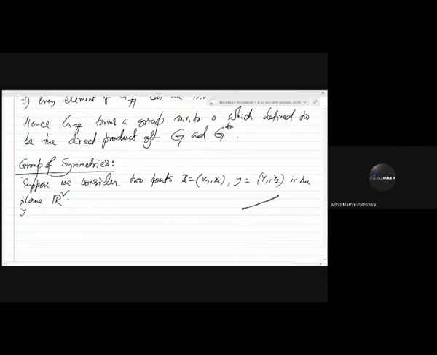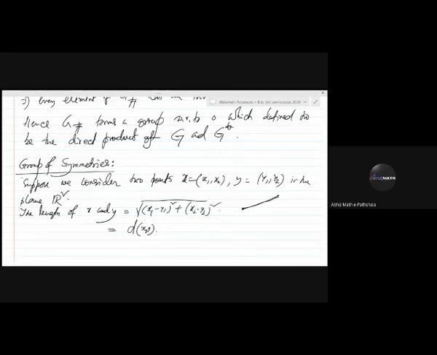So the length of x and y is root of (x1 minus y1) square plus (x2 minus y2) square, and this will be denoted by d of xy. Okay, so we like to denote this distance from x to y as dxy.